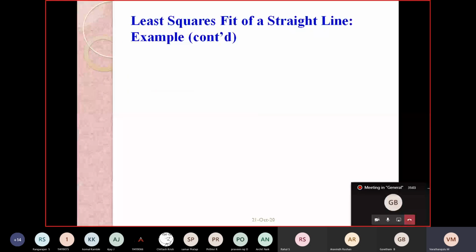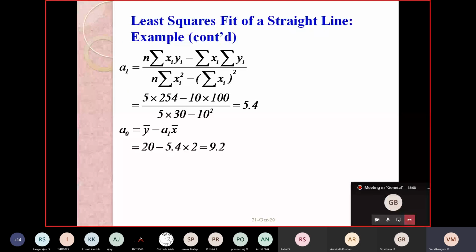And therefore the a1 and a0, we need to apply the various calculated values in the basic information, and based on 2 equations we can solve and get our a0 and a1. Here a1 is equal to 5.4 and your a0 is equal to 9.2.